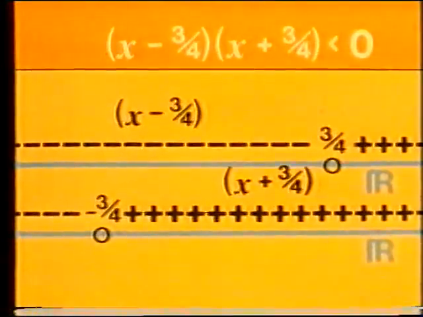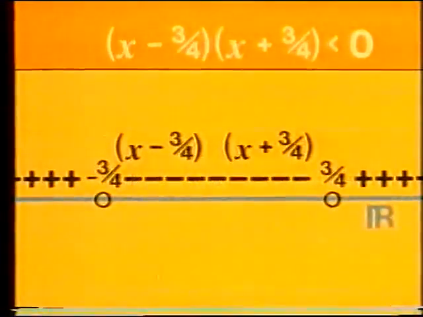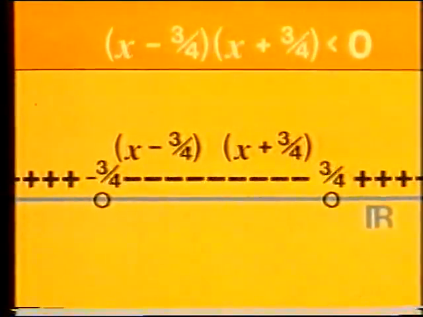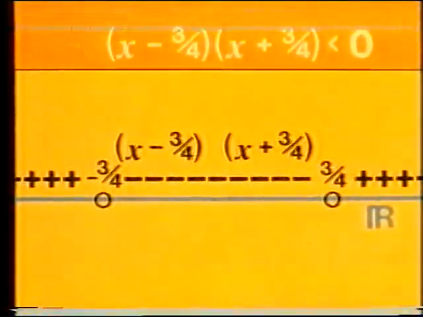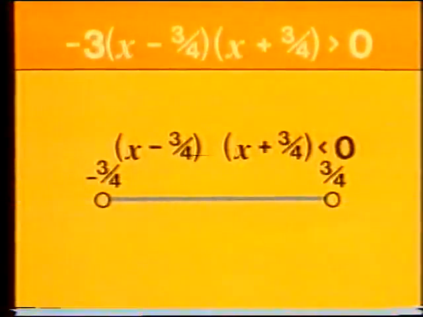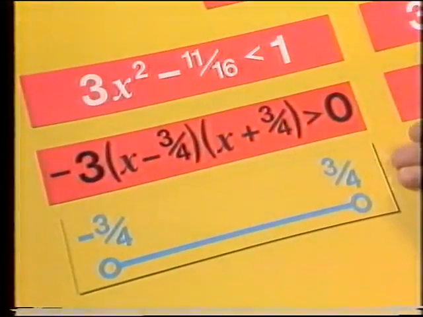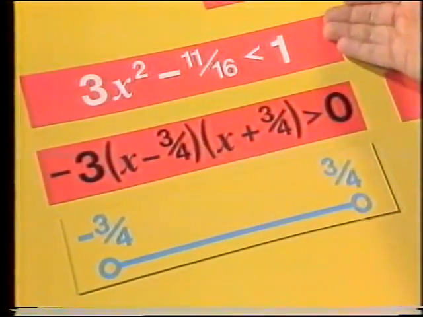Forming the product, we only get negative values between -3/4 and 3/4. So the values of x satisfying this inequality lie in this interval. Well, that's the solution to this inequality.